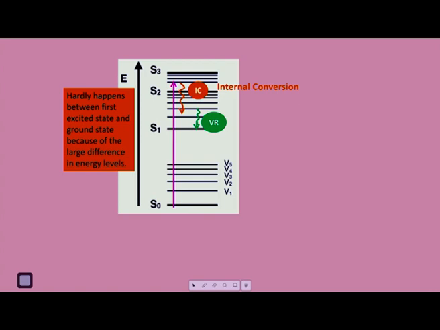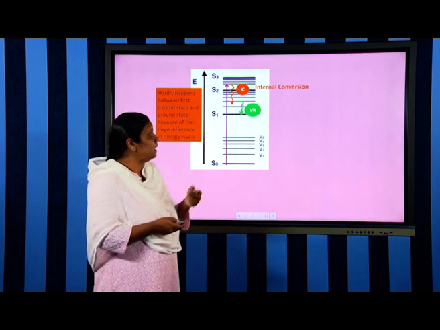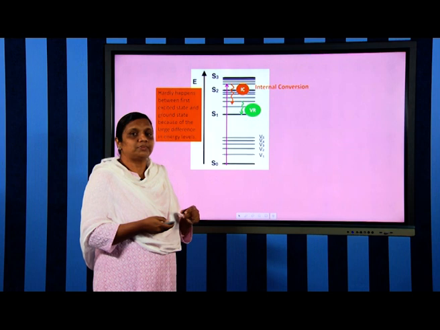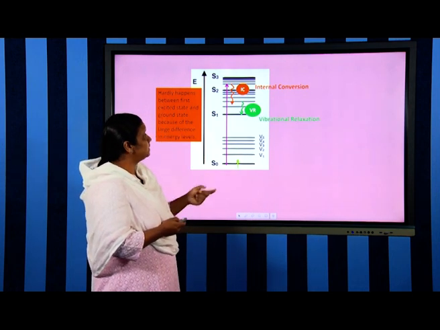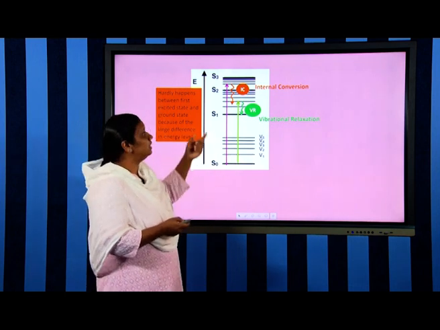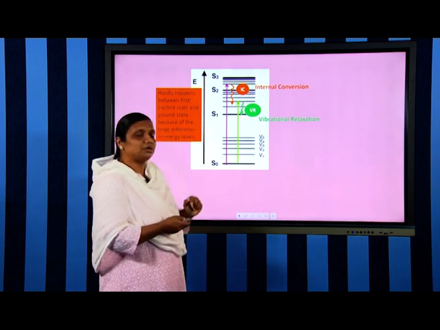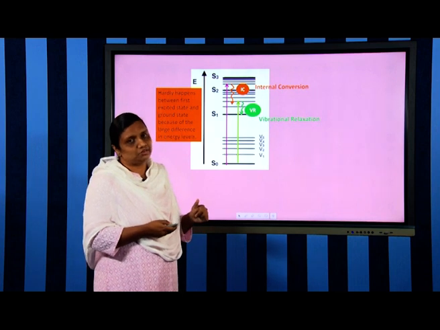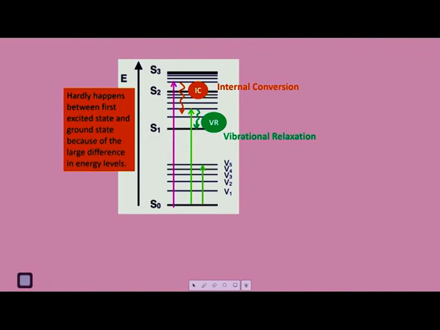The difference is that internal conversion happens between two different electronic states, while vibrational relaxation happens within the same electronic state. Vibrational relaxation can also occur when the electron is excited to a higher vibrational level of the first excited state, and from there comes down to the lowest vibrational level of the same excited state. This also can happen.